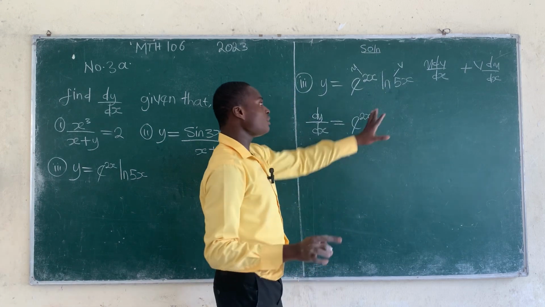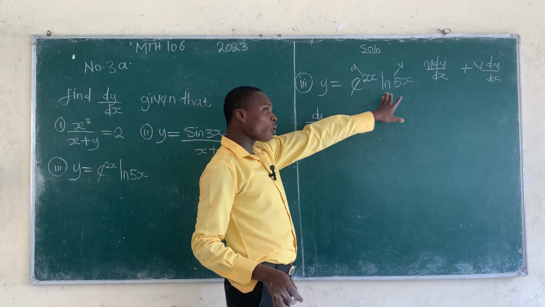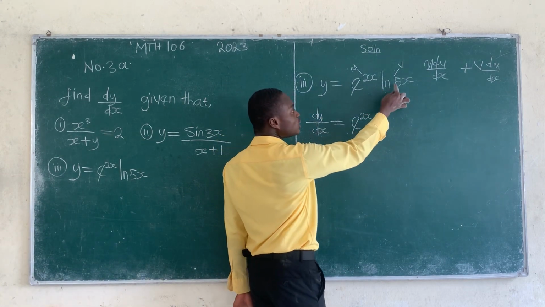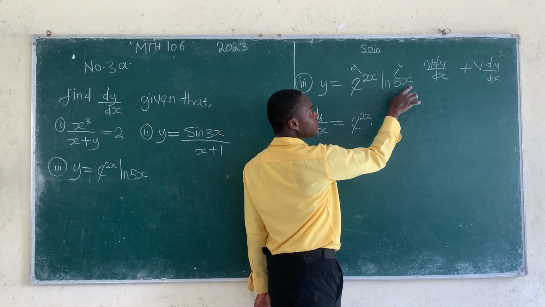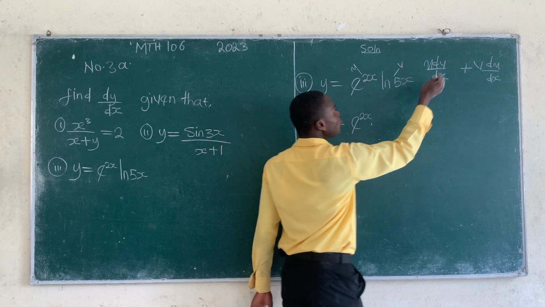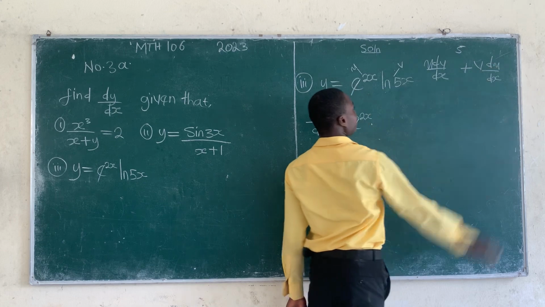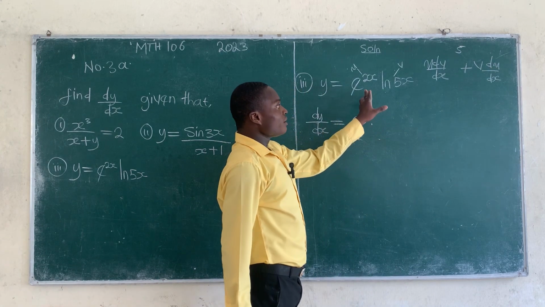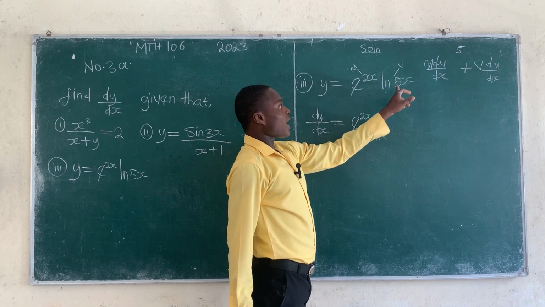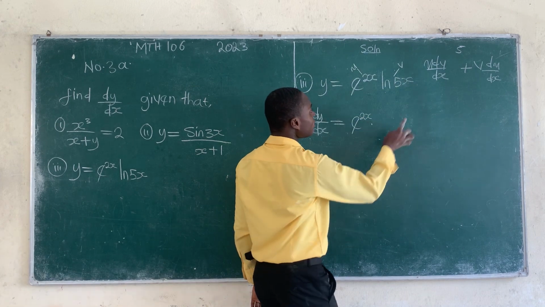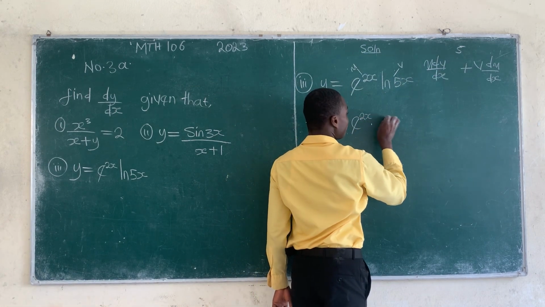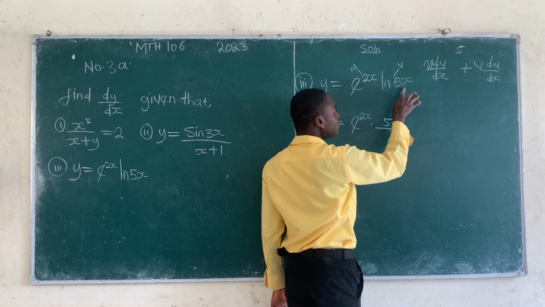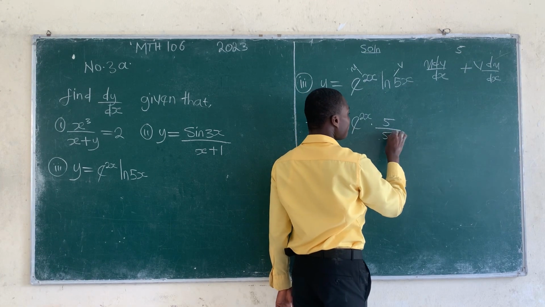First of all, you differentiate what you have here, 5x. If you differentiate 5x, you have 5. Then you write the 5, and divide it by the function itself, 5x.